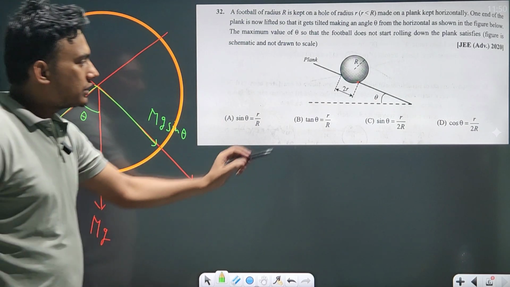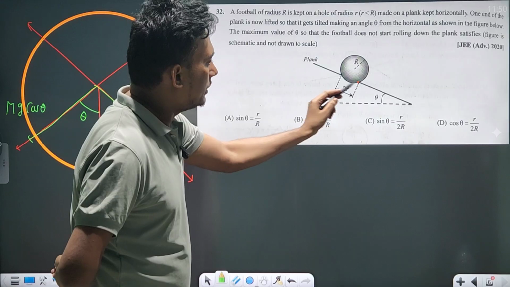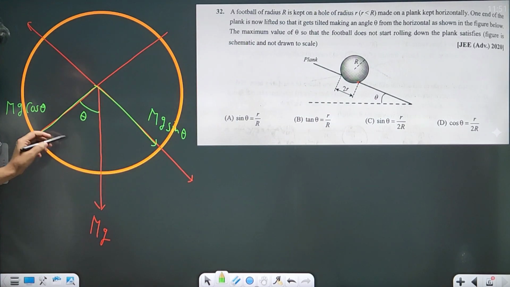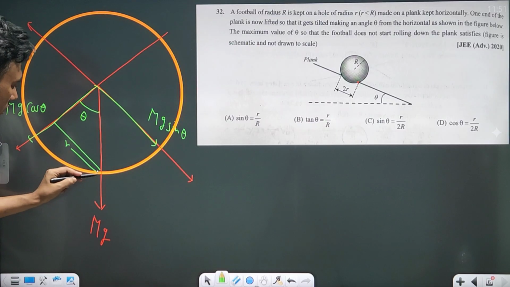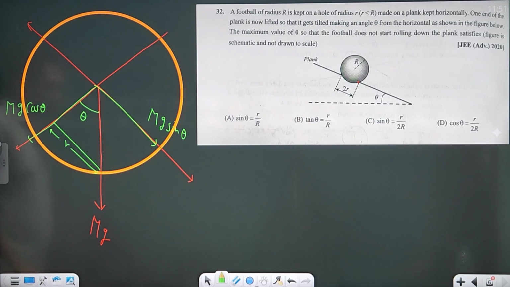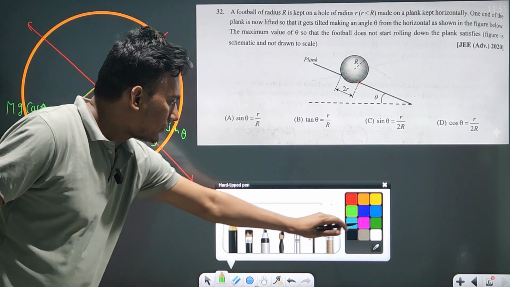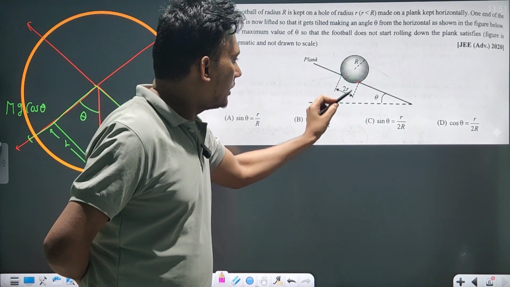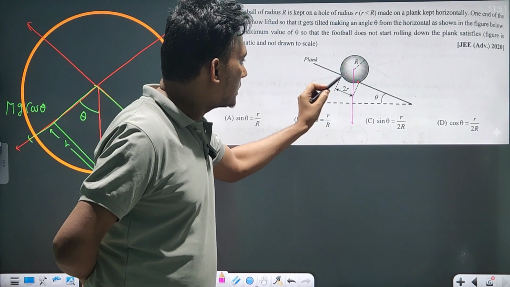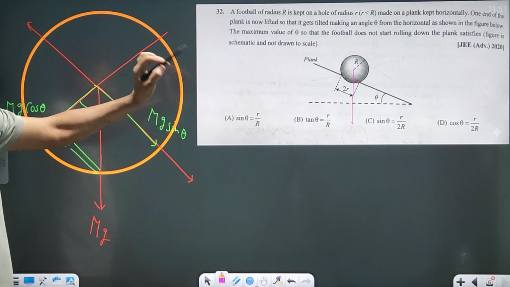Now if you see the distance, this is 2r, and I draw it here like that. This is the distance small r. So this is the complete 2r and mg acts here, so half of 2r is the distance r.